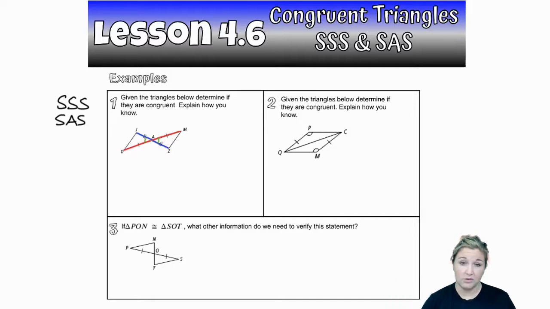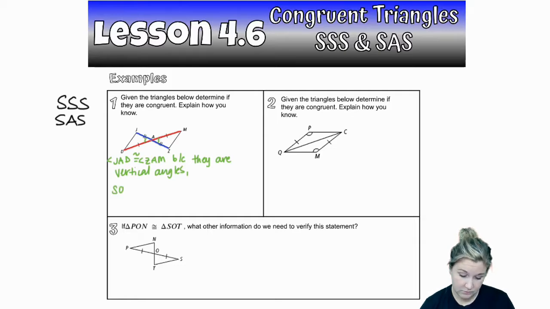So angle JAD is congruent to angle ZAM, because they are vertical angles.